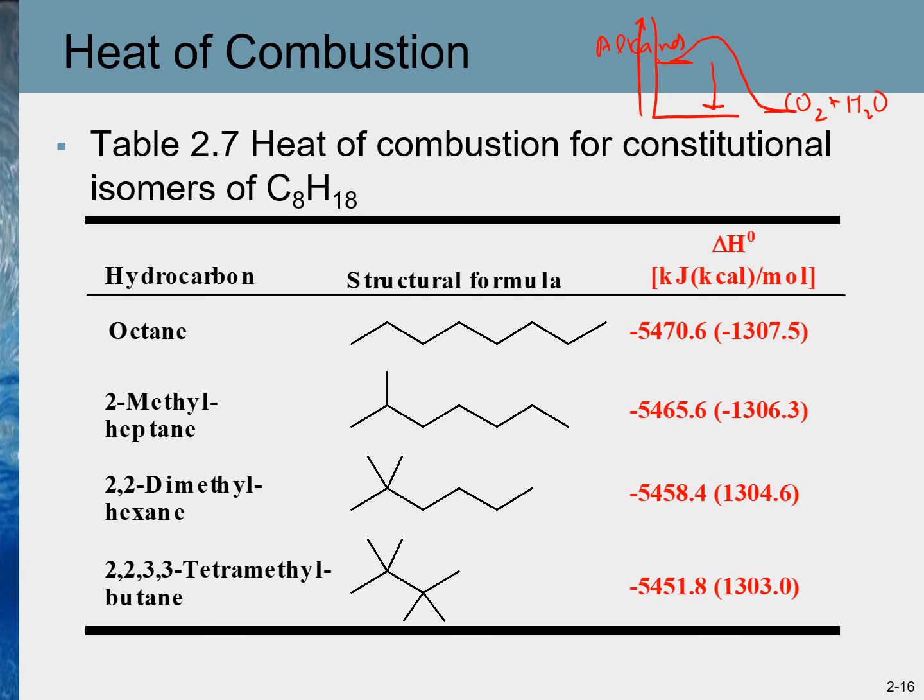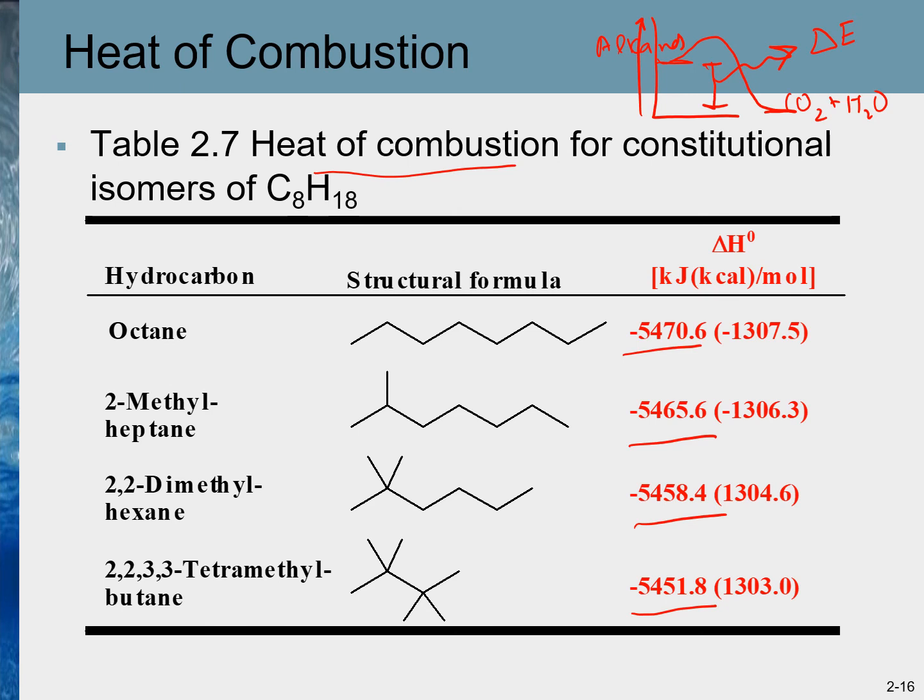Therefore, all of these reactions release a lot of excess energy, and that energy is known as heat of combustion. Heat of combustion of a few of the common alkanes are listed here, and we can see from this table that alkanes release quite a bit of energy.